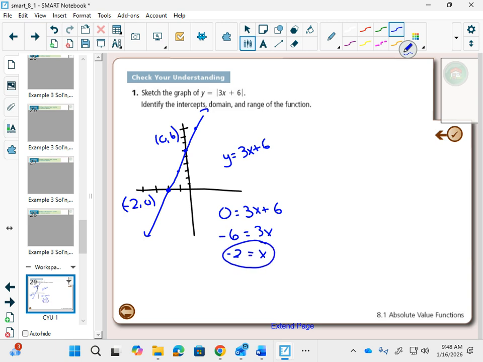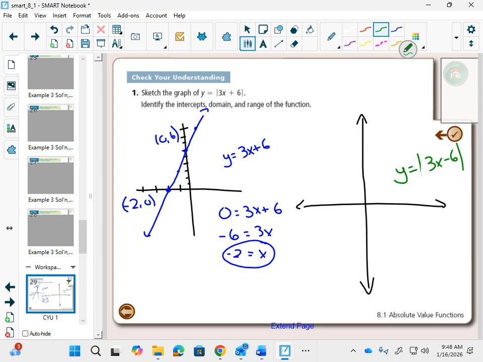That x-intercept is going to be important because when I want to sketch the graph of the absolute value of 3x plus 6, well, what does the absolute value do? It makes things positive. So, for example, 0, 6 is still going to be 0, 6. It's not going to change that.